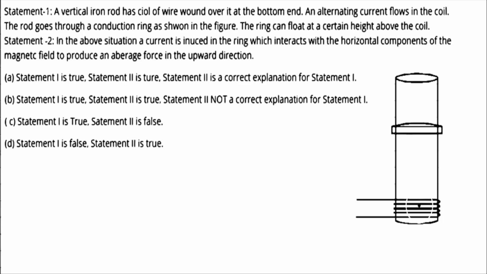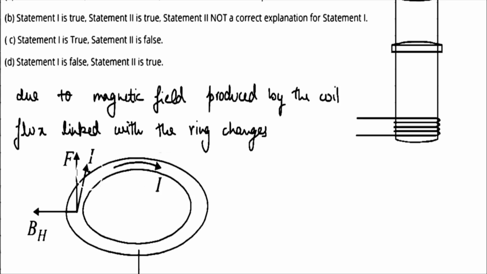The current passing through the coil will create a magnetic field in the space. And due to this magnetic field, there will be a flux linked with the ring and it will produce some EMF, that will be the induced EMF. Therefore, this is how the current will flow.